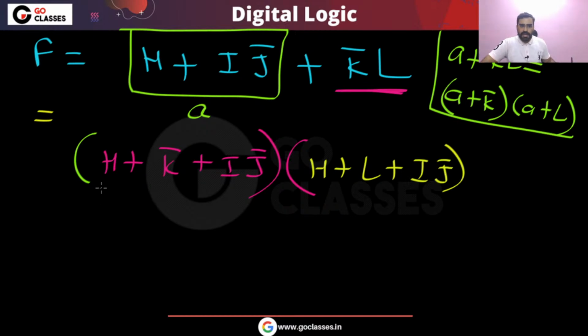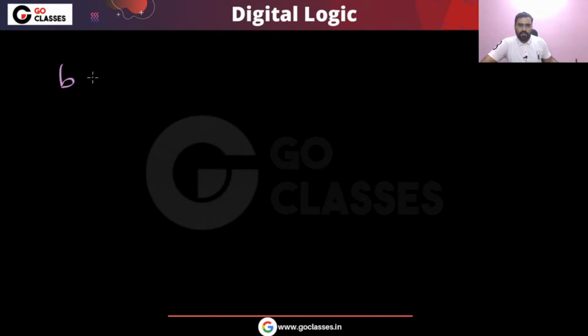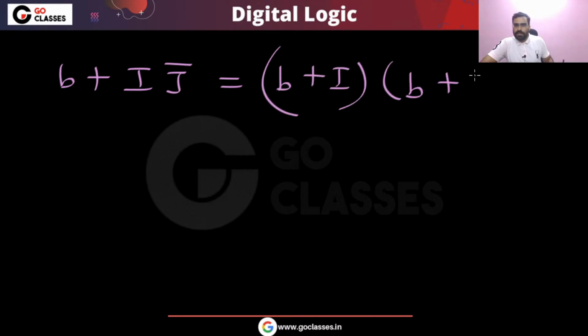Very simple. Now again, you think of it as B. Think of it as B. So finally, what will you get? If you think of this as B, then what is B or I J bar? That will be B or I, B or J bar.